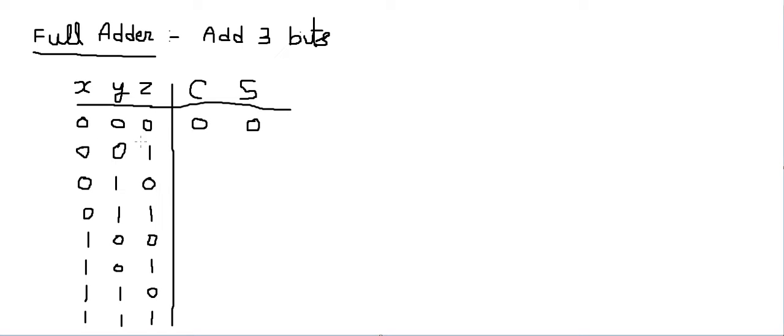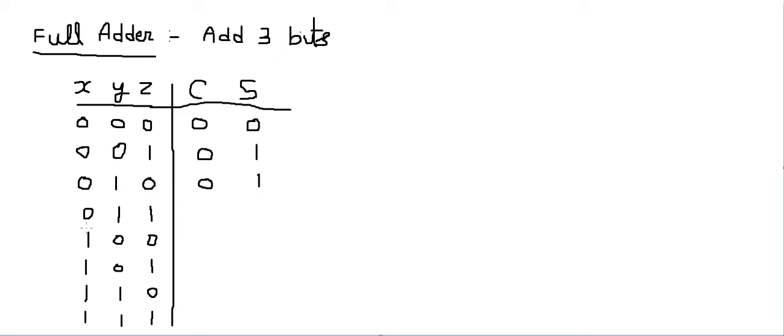But when we add 0 0 and 1, it gives sum as 1. Again the carry will not be generated, it will be 0. For the combination 0 1 0, we add 0 to 1 first and then 1 to 0. So the sum will be 1 again in this case, and carry will be 0.